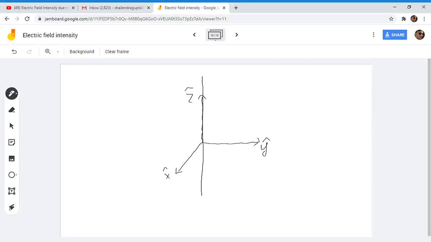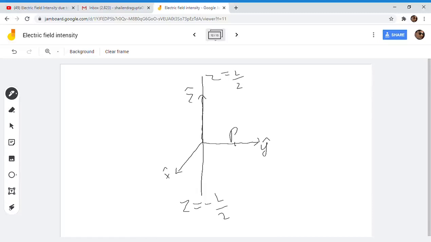Let us display a finite line charge, and we need to calculate the electric field at a point P. Okay, so this line charge extends from z equal to minus L by 2 to z equal to L by 2.